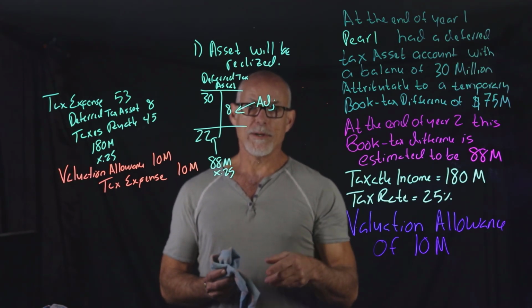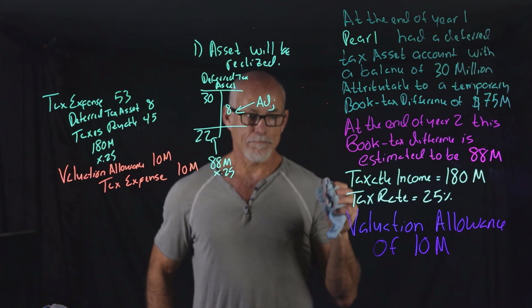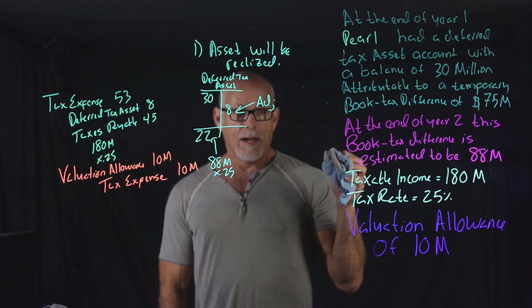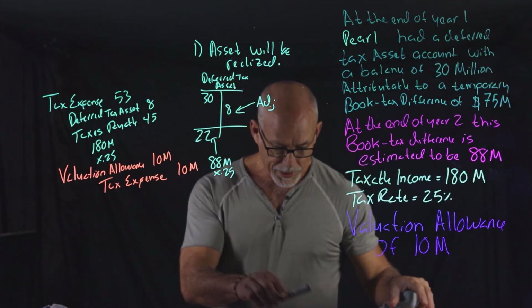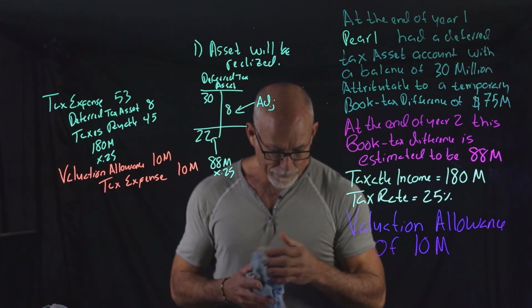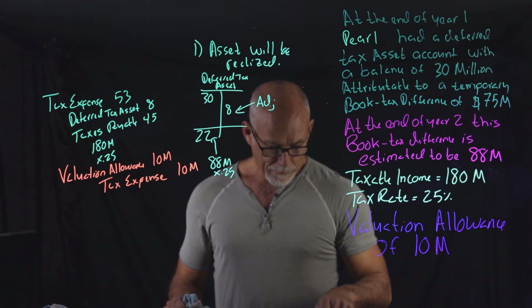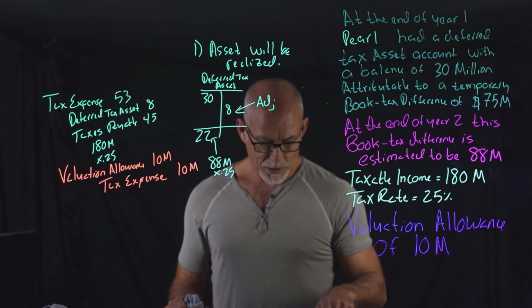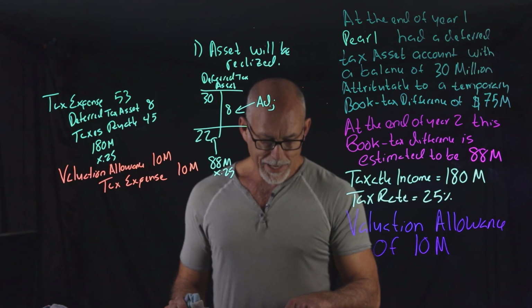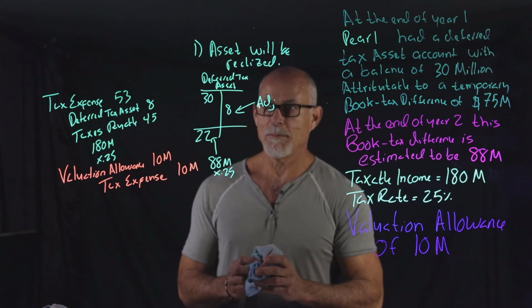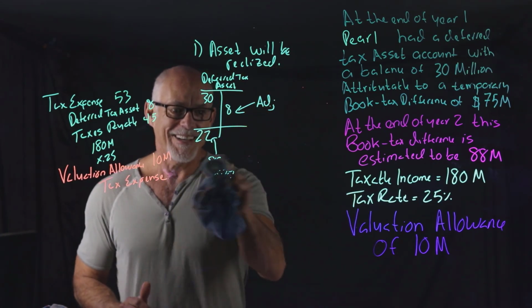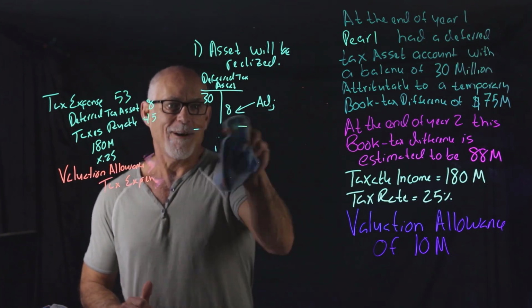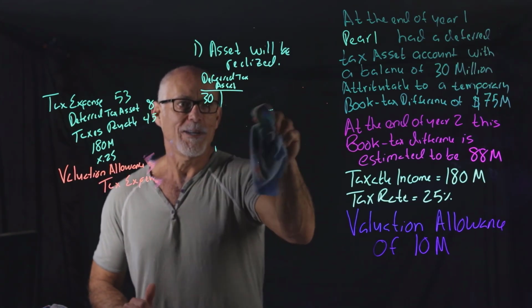Now what we're going to do is say to ourselves the second condition, which says to prepare the journal entry to record Pearl's income taxes for year 2, assuming that it's more likely than not that 1/2 of it will ultimately be realized. So they're saying that 1/2 of this deferred tax asset will be realized.